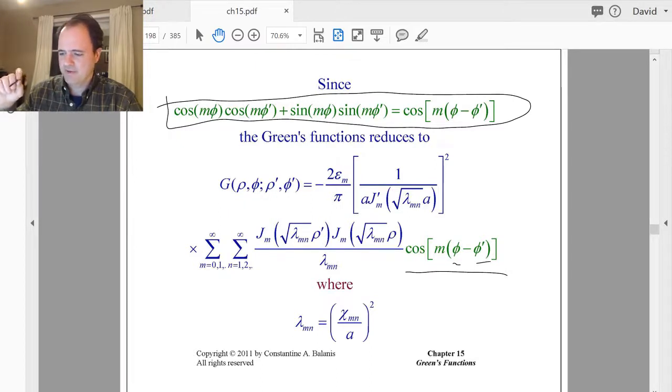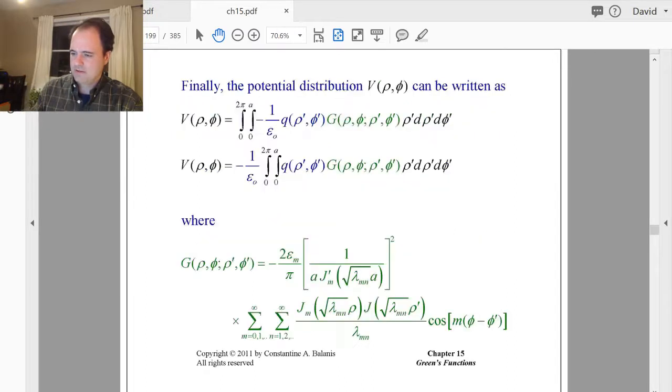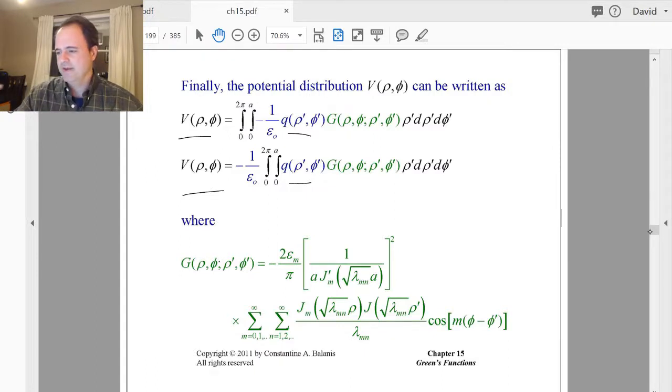So everything's now symmetric with interchanging the primes with the unprimes. All right. So now that you have that Green's function, you can use that with any charge distribution you want, and be able to find the potential. So it's quite a powerful technique. But of course, the difficult task then is to actually perform that integral.